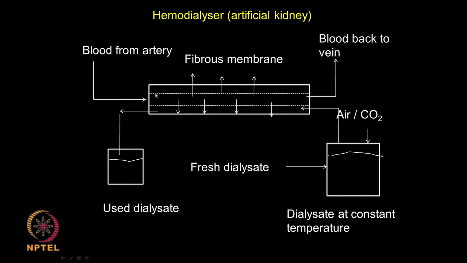So, what do you have here? We have a fibrous membrane here, and the blood from the artery goes through it and then goes back to the vein. So, blood is drawn from the artery through these fibrous membranes. On the other side we have something called dialysate. That liquid flows on the other side and the used dialysate is collected.